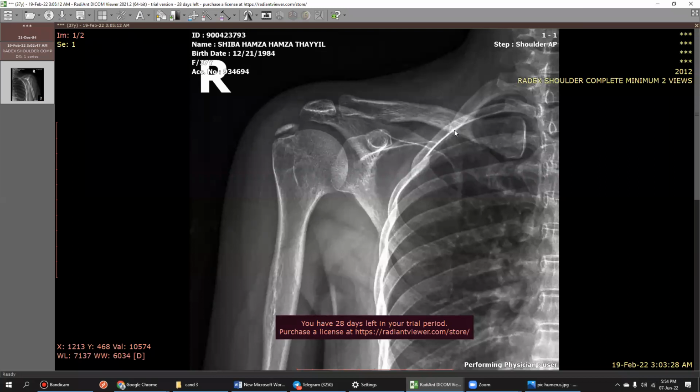I'm looking for any lesion in the bones, which I'm unable to appreciate. Visualized lung appears unremarkable. I would like to assess any history. If the patient presented acutely, this could be in association with hydroxyapatite deposition disease, or otherwise this could be in favor of frozen shoulder.